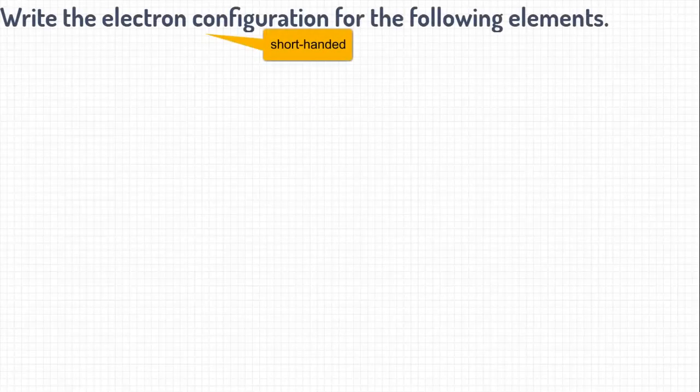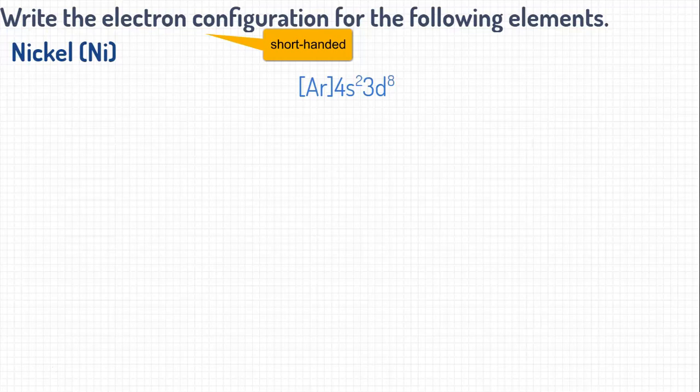Alrighty. So I want you guys to do these following examples on your own. You're going to write the shorthanded electron configuration, not the regular electron configuration, shorthanded, so with noble gases, for the following elements. We've got nickel. And here's your answer. Try it for sulfur.